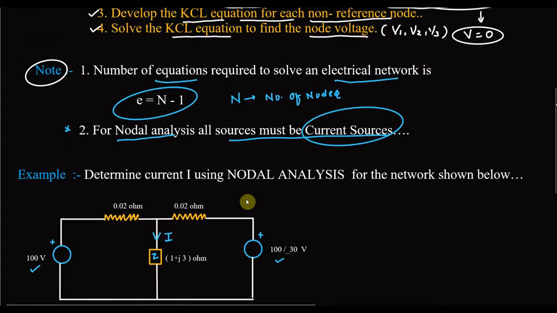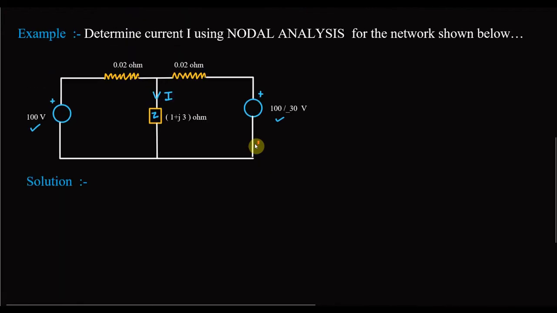We have just seen that for nodal analysis all sources must be current sources. So in the next step, we will convert this diagram into its equivalent current source diagram.